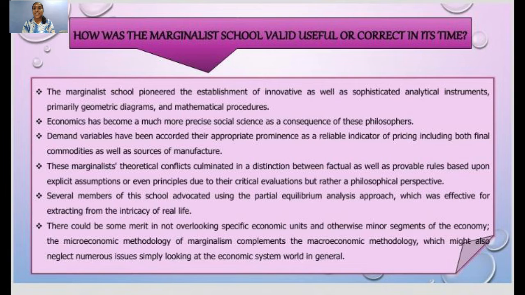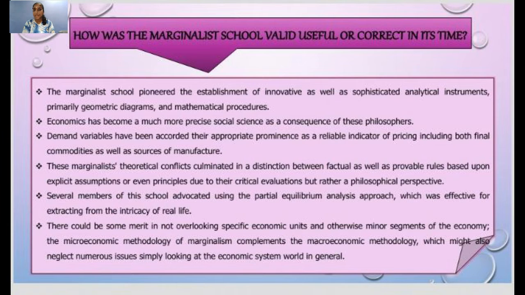Good morning. Today I would like to present about the fourth and the fifth major tenets of the marginalist school. The fourth major tenet is: how was the marginalist school valid, useful, or correct in its time?